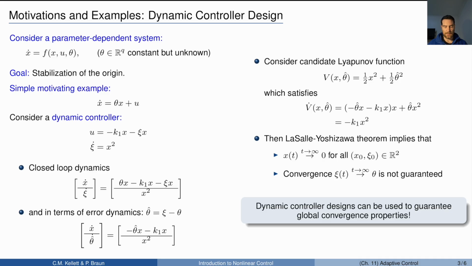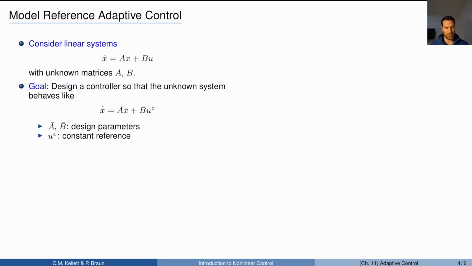So these ideas can be extended to more complicated settings, and the main idea really would be to consider dynamic controller designs instead of static controller designs. I want to go to two extensions or generalizations here.